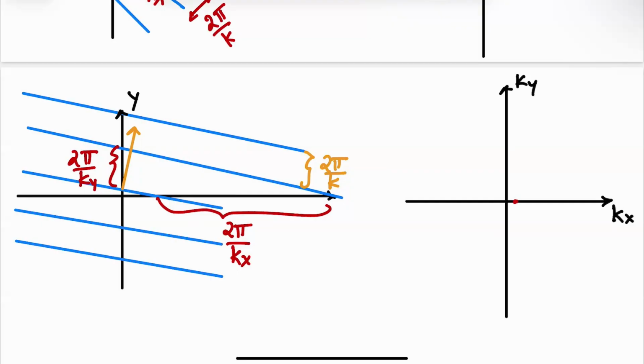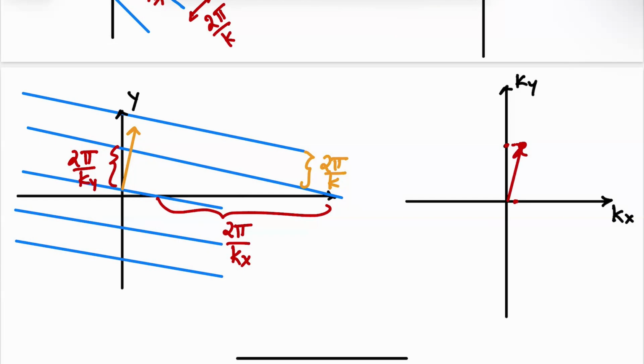And ky should be kind of large, almost close to k, because this length is about the same as the perpendicular distance between these two lines, right? So my ky has to be kind of large. Let's say I plot this point somewhere here, and if I plot the vector, of course, it's the same as the vector I drew back there.